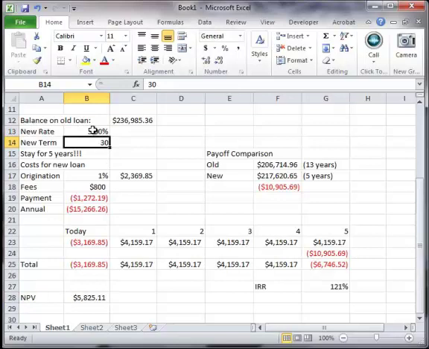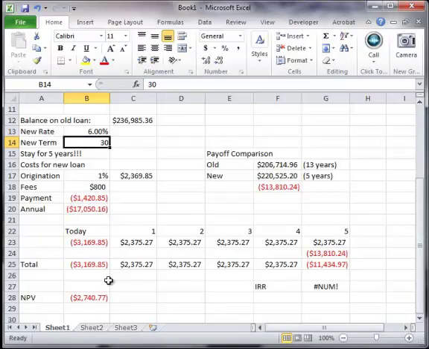Alright, let's change that rate to 5%, and we're going to see that IRR is 121. Let's change that rate maybe again, and we'll change that down. I'm just kind of experimenting here, making it 6%. And now look, we have an IRR which has an error, and we have a negative NPV.